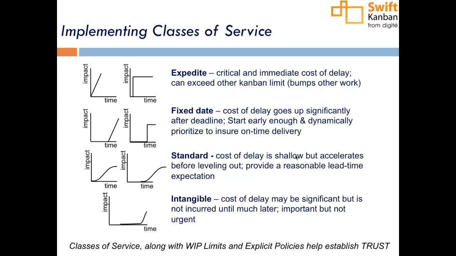There's a deadline, and what it means is the people who are delivering really do want to deliver it before that date. Expedite card is the urgent thing that came in. And there is this intangible class, which is important but not urgent category of things to do.